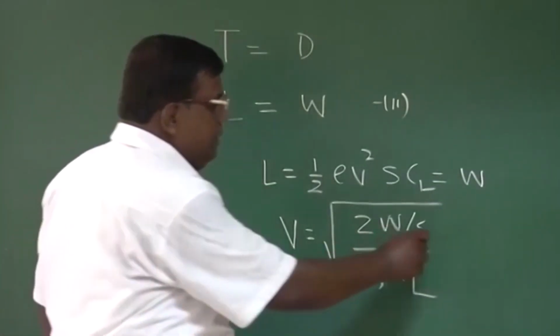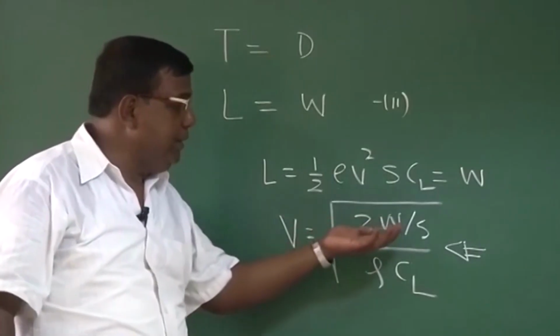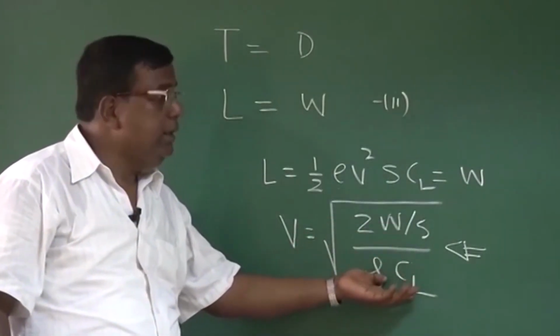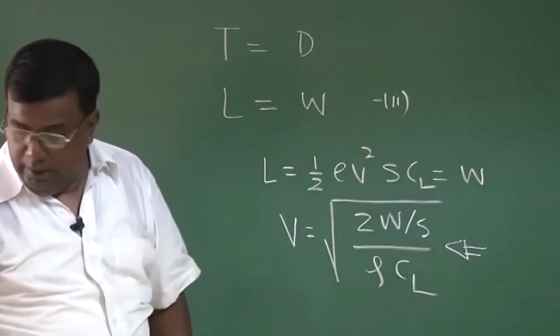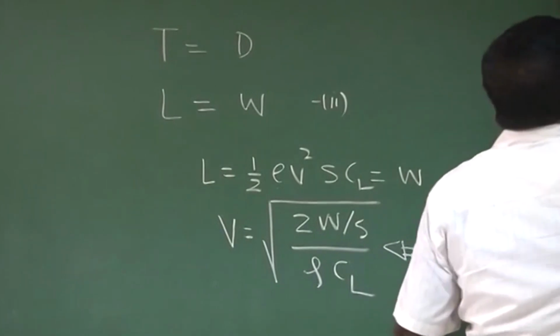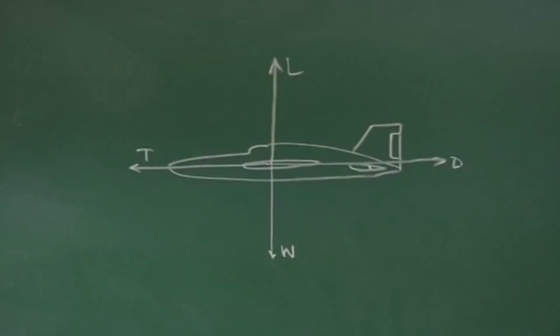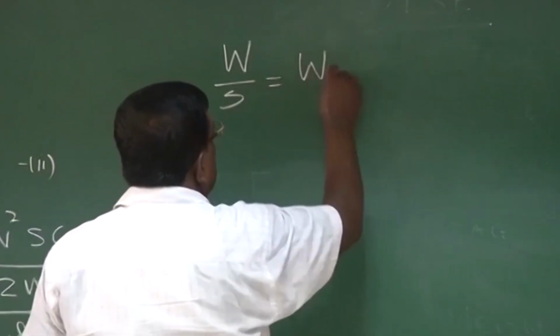So let us focus on this equation. The two very important parameters here are CL and W by S, and W by S we will be referring to very frequently as wing loading. This W by S is wing loading.